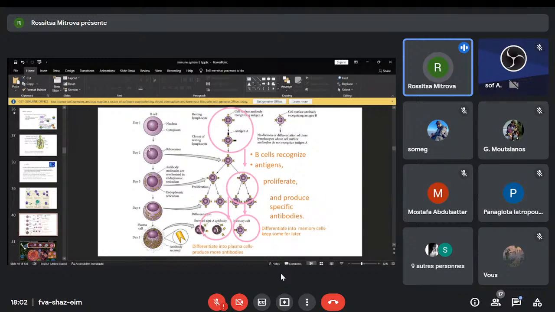Here you have on which day the changes are seen in the cell. Ribosomes start to produce, and the antibody molecules are synthesized in the endoplasmic reticulum on day 3. They proliferate more and more and start on day 3 to form the antibody molecules. On day 5 the first plasma cells are produced and antibodies are secreted.